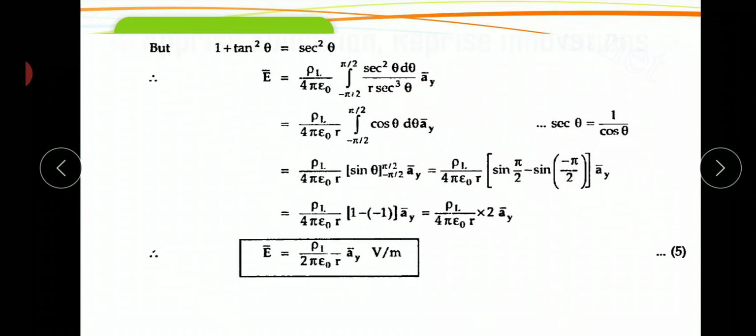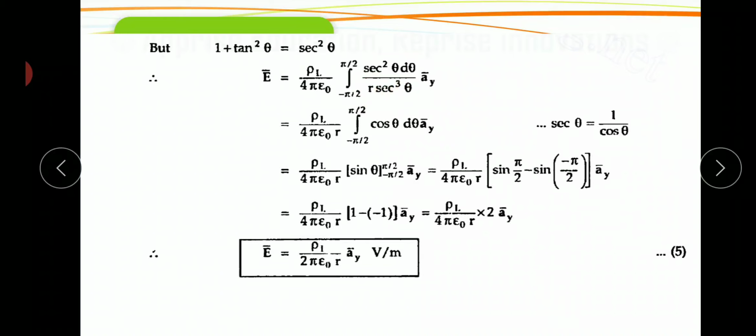Now this integration is only in the variable theta, so r is a constant value, simply write it in front of the integration, so rho L by 4 pi epsilon naught r. Now in the numerator there is secant square theta, in the denominator secant cube theta.